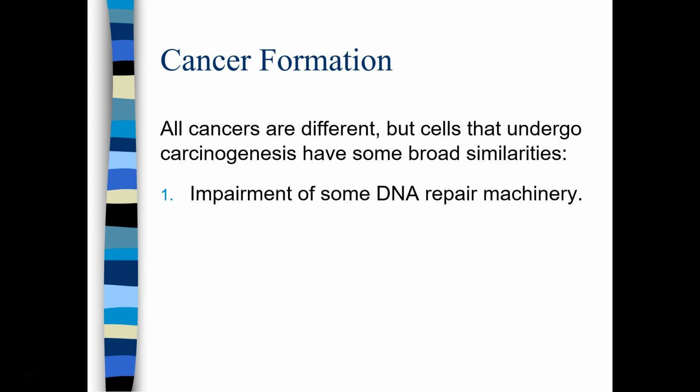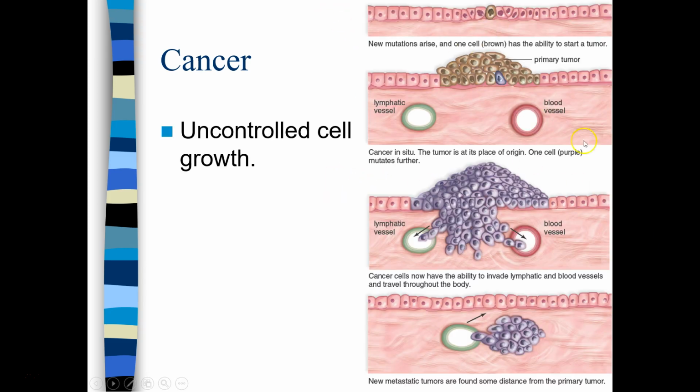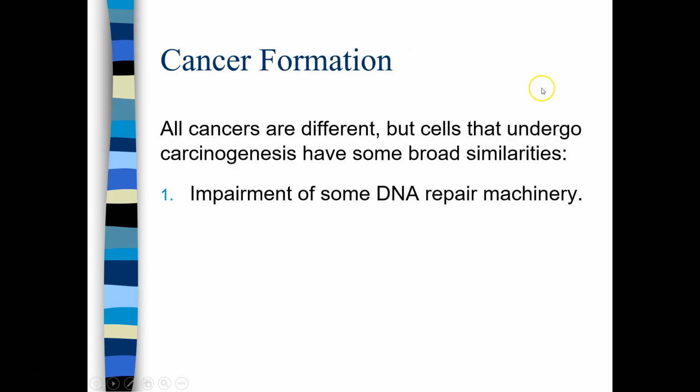The thing here is that all of these mutations that occur, in an ideal situation, would be fixed by the DNA repair machinery. But if that machinery isn't working quite so well, it can allow the mutation to hang about, and then when the cell divides, now you've got 2 cells with the mutation, then 4, then 8, 16, 32, 64, and eventually you get a lot of cells. That's what exponential growth is like.